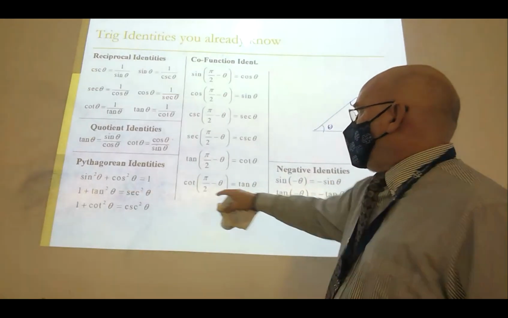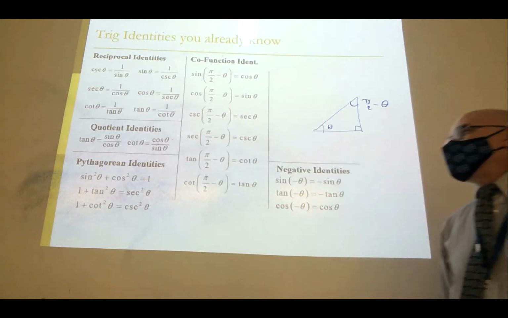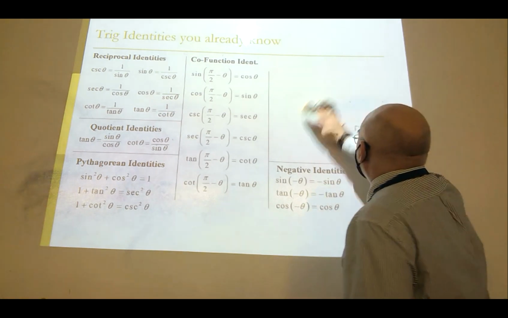And also, the most important one here, the Pythagorean identities. The one that we're going to use the most is sine squared theta plus cosine squared theta is equal to 1. So any place that I can come up with that, I can reduce my expression to 1, which makes things a lot simpler than sine squared plus cosine squared.